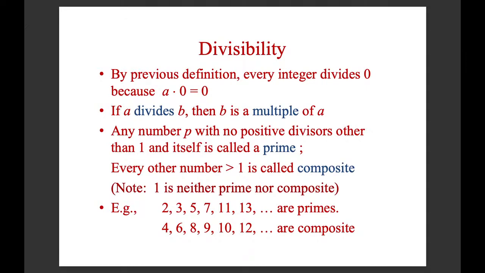Every non-prime number greater than 1 is called a composite number. So the primes are this list of numbers: 2, 3, 5, 7, 11, 13, 17, 19, and so forth. The remaining positive numbers except 1, such as 4, 6, 8, 9, 10, 12, and so forth, are composite numbers.